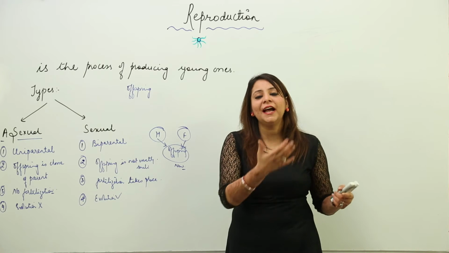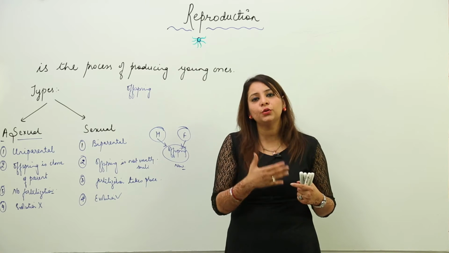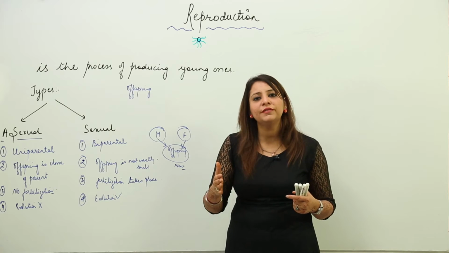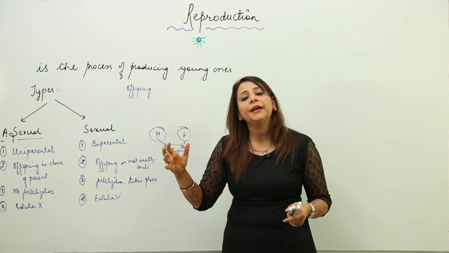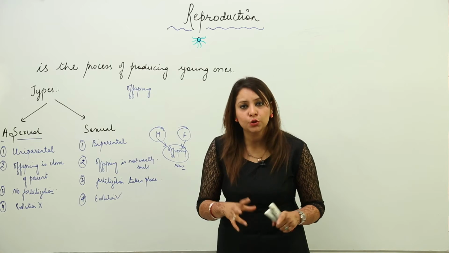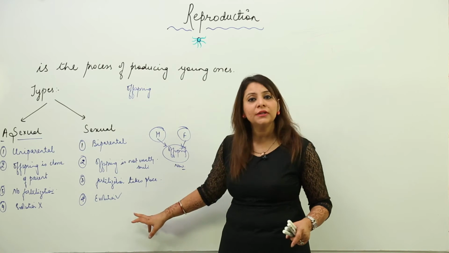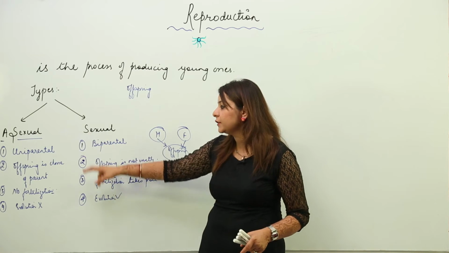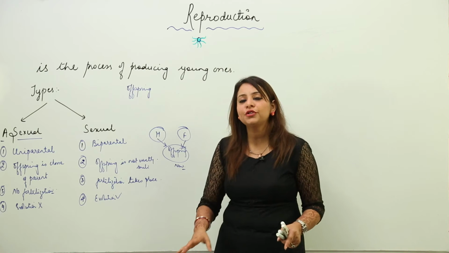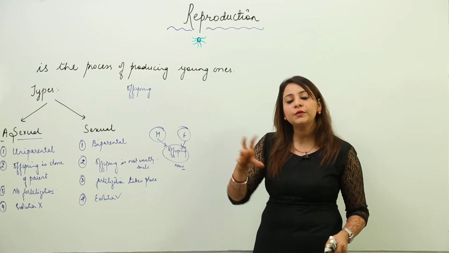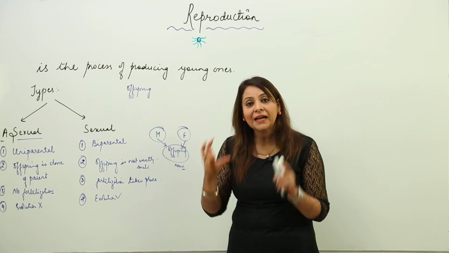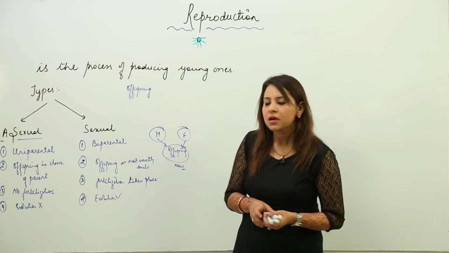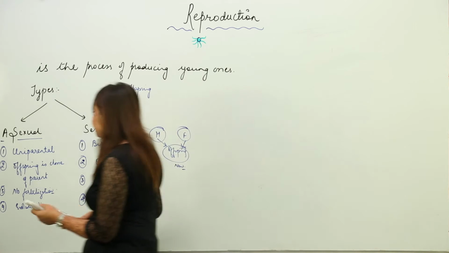So the gradual sequence of changes over a period of time leads to the development of new characters, and the accumulation of those new characters leads to evolution. Sexual reproduction leads to evolution, but asexual reproduction has no contribution, as I told you, because the offspring produced is exactly similar to the parent. So no evolution is there.